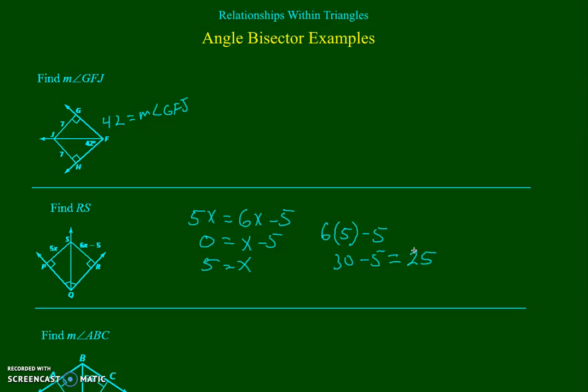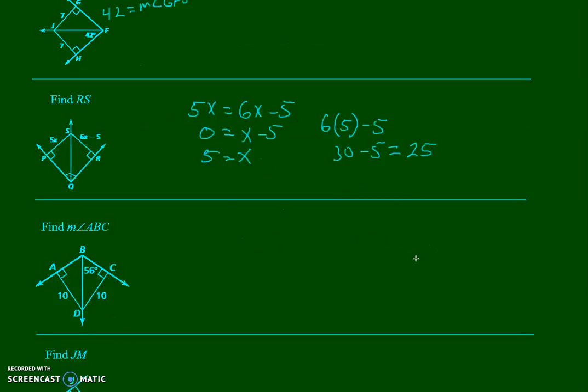All right, let's take a look at another example. In this example, we have point D equidistant from the sides of angle ABC. This and this are the same. So we know this is an angle bisector. So that must mean that angle ABD is 56.